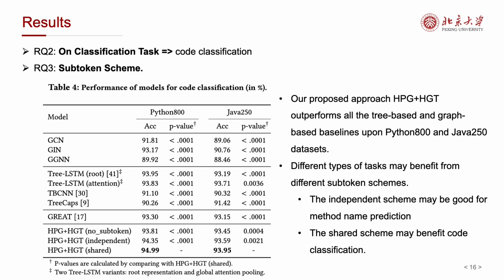From these experimental results, we can also answer RQ3 for subtoken scheme. Different types of tasks may benefit from different subtoken schemes. The independent scheme may be good for method name prediction, and the shared scheme may benefit code classification.